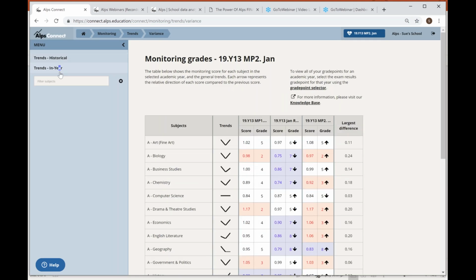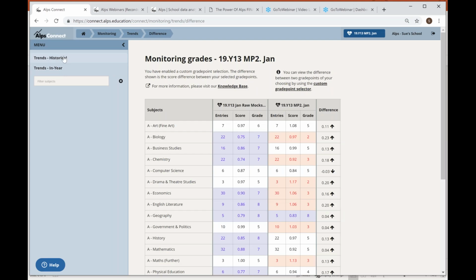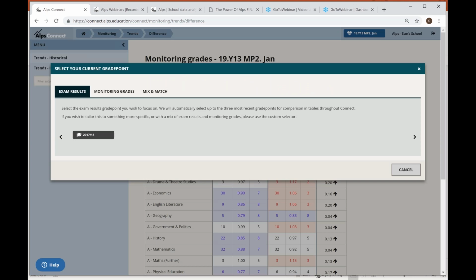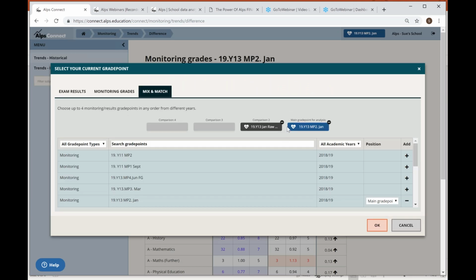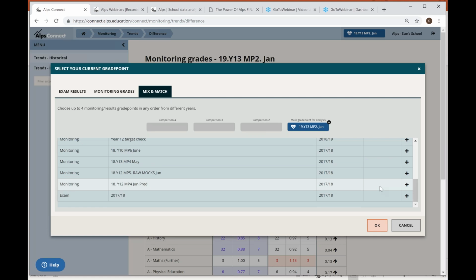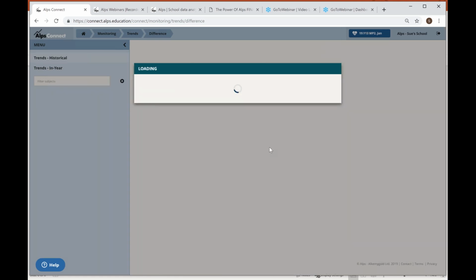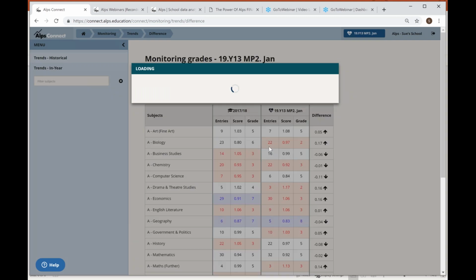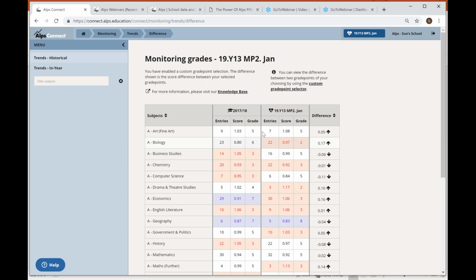Now, effectively, what that means is with the historical, I can choose any 2 grade points. So what I'm going to do here is choose my current January grade point, okay, and I am going to put last year's exam in as the second one. So what I'm going to have a look at here is the difference between what that department got in the summer with a different cohort, I know, but what are they predicting now?